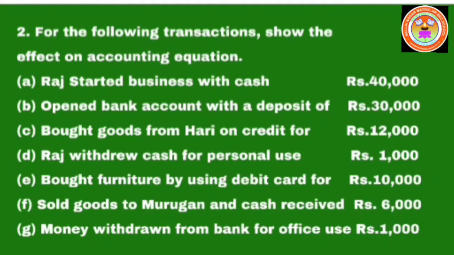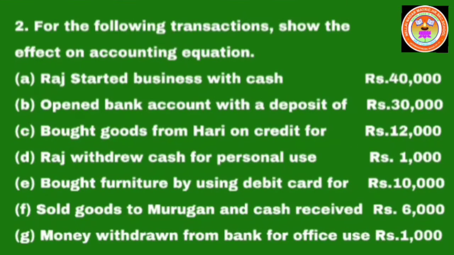Under the double entry system of bookkeeping, every transaction has a two-fold effect, which causes changes in assets and liabilities or capital in such a way that an accounting equation is completed and equated. Capital plus liabilities equals assets.